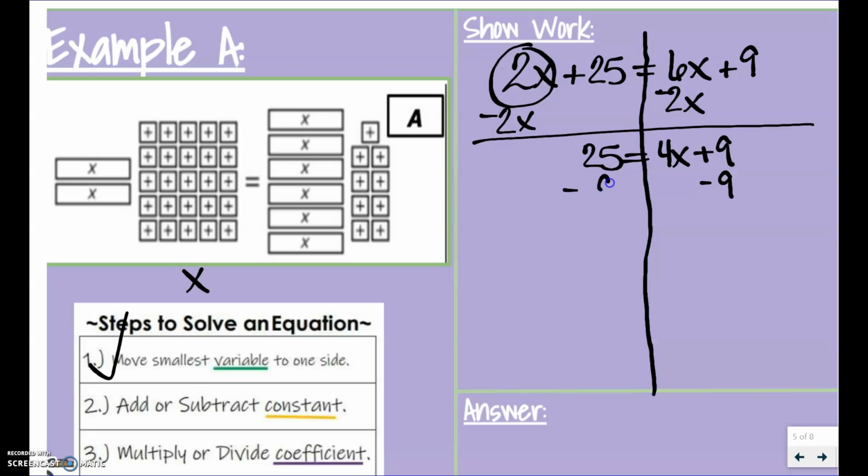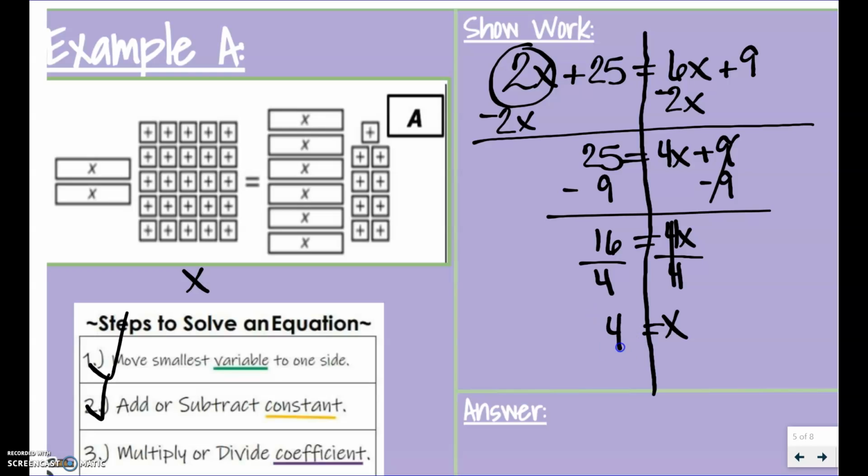What I do on one side, I do to the other. This cancels. I'm left with 4x is equal to 16. I'm going to divide by my coefficient. So that's done. This cancels. X is equal to 4.